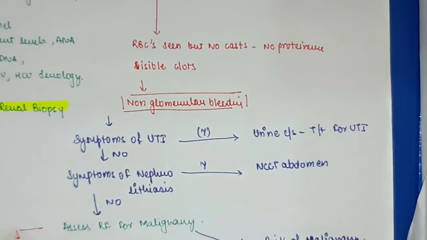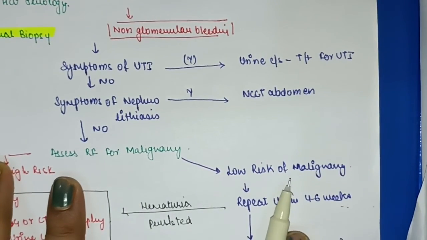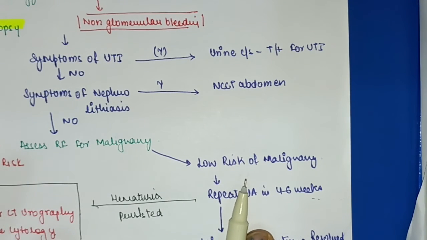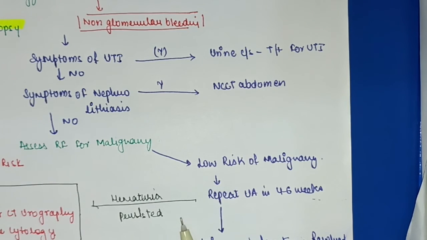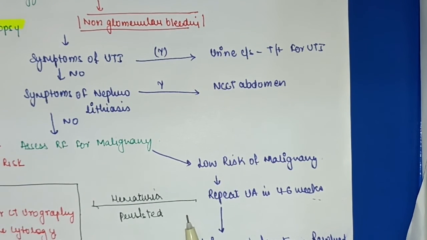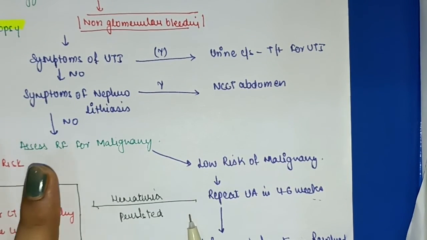If there is low risk for malignancy, suppose the patient is a young male of 25 to 30 years, then repeat urine analysis in 4 to 6 weeks. If hematuria persists after 4 to 6 weeks, then go for cystoscopy or refer the patient to a urologist or nephrologist for further investigations.